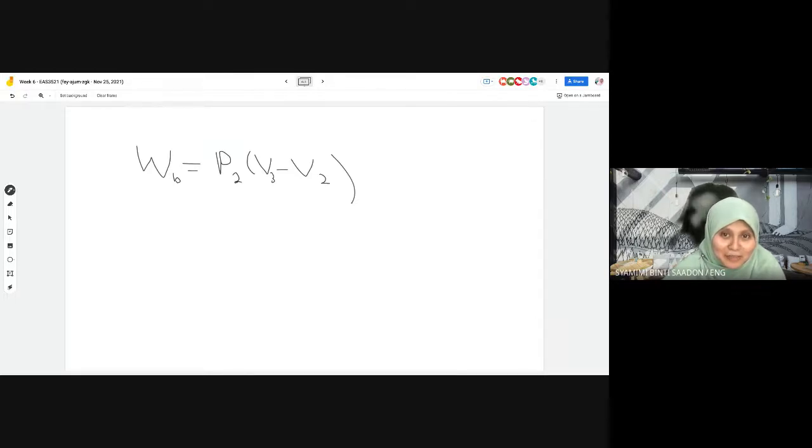Student: I think it should be V3 minus V1, or is it V2? Because we do not know V2. Yes, you can write V3 minus V1, but we know that 1 to 2 is constant pressure, so we can just cut it out. So this one, the difference is 0.4, multiplied with P2, 350 kilopascal.